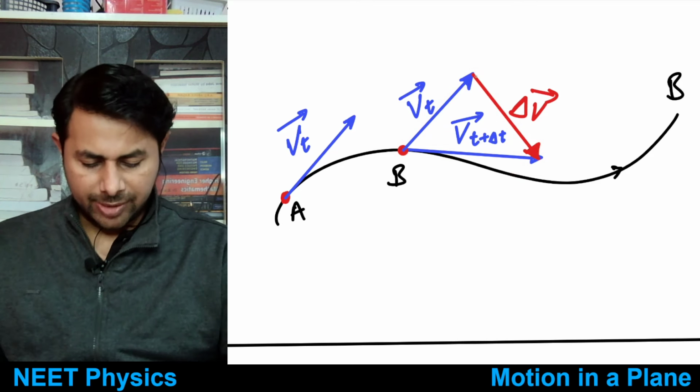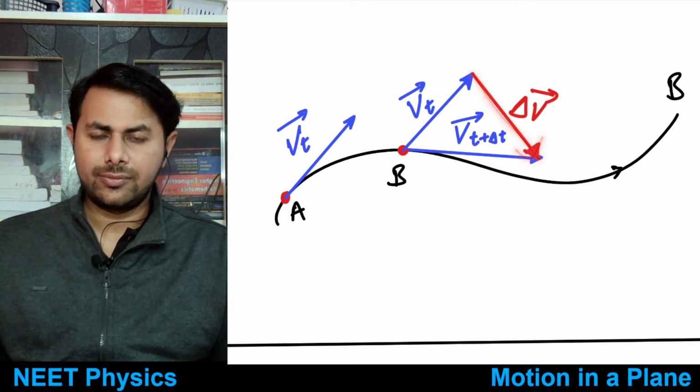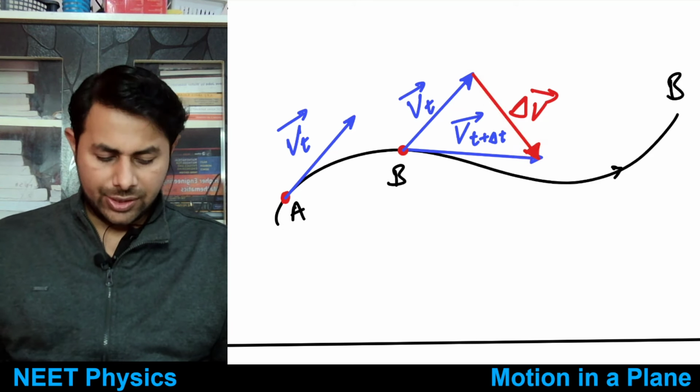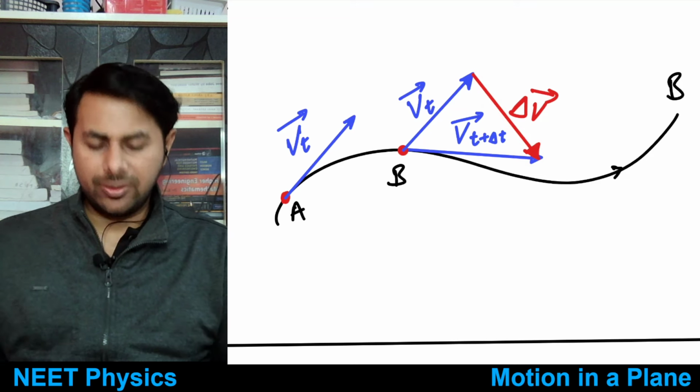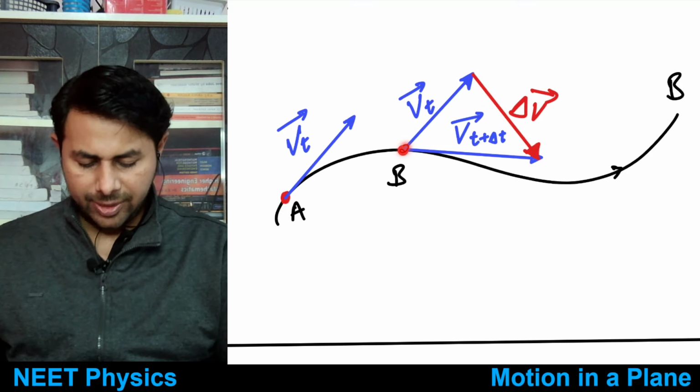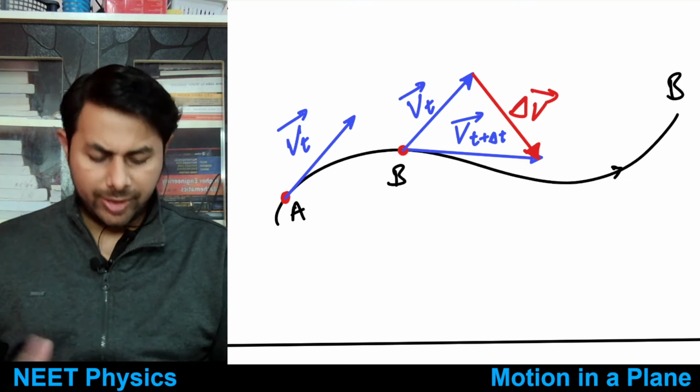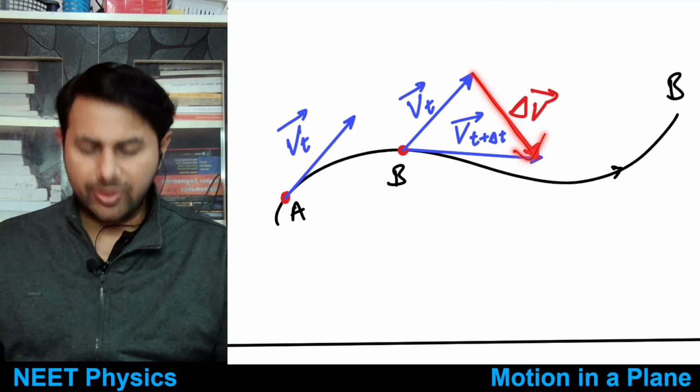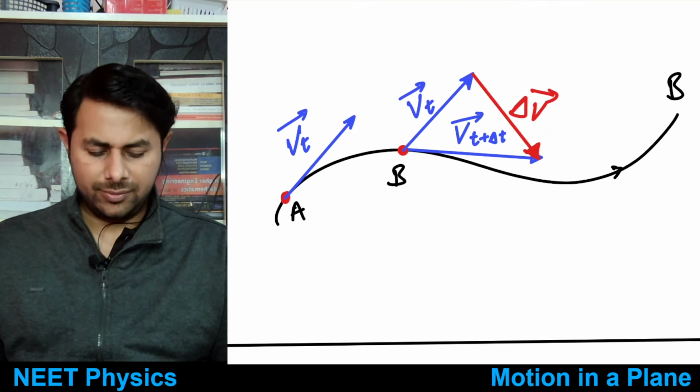The difference is this much, this is delta v bar, right? So this delta v bar is the change in velocity from point A to B, when the object moves from A to B.